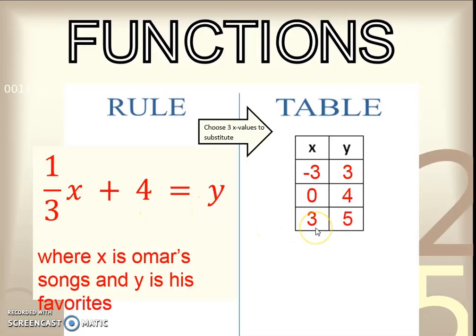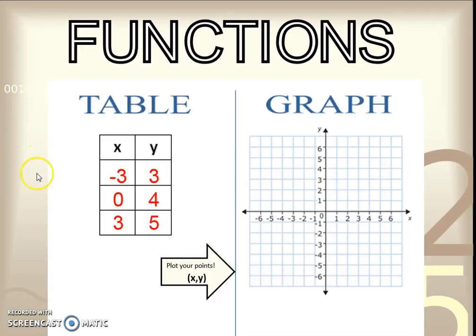And then lastly, when we substitute 3 in, 1/3 times 3 is 1. 1 plus 4 is 5. Make sure you have this written down. Remember, you can always pause the video and go back if you need help, or raise your hand and ask your teacher.